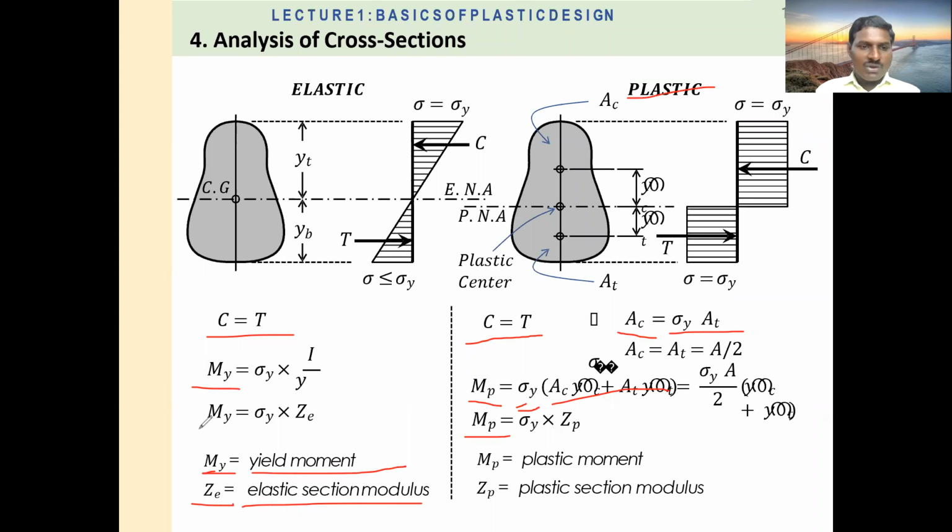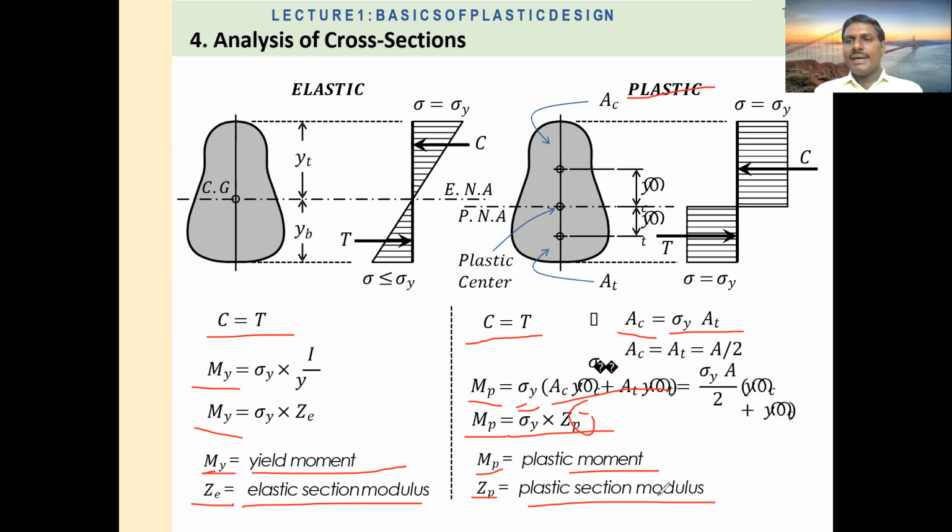Here we have calculated the elastic moment, and in the plastic zone we have to calculate the plastic moment, calculated by sigma y into Zp. Here Zp is the plastic section modulus and Mp is the plastic moment. Similarly, in the elastic case, My is the yield moment and Ze is the elastic section modulus.